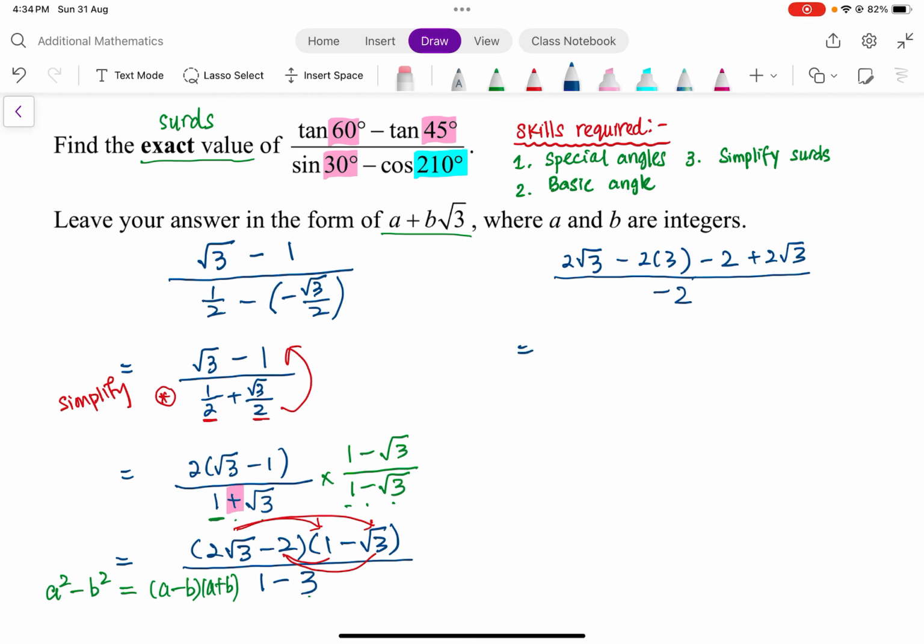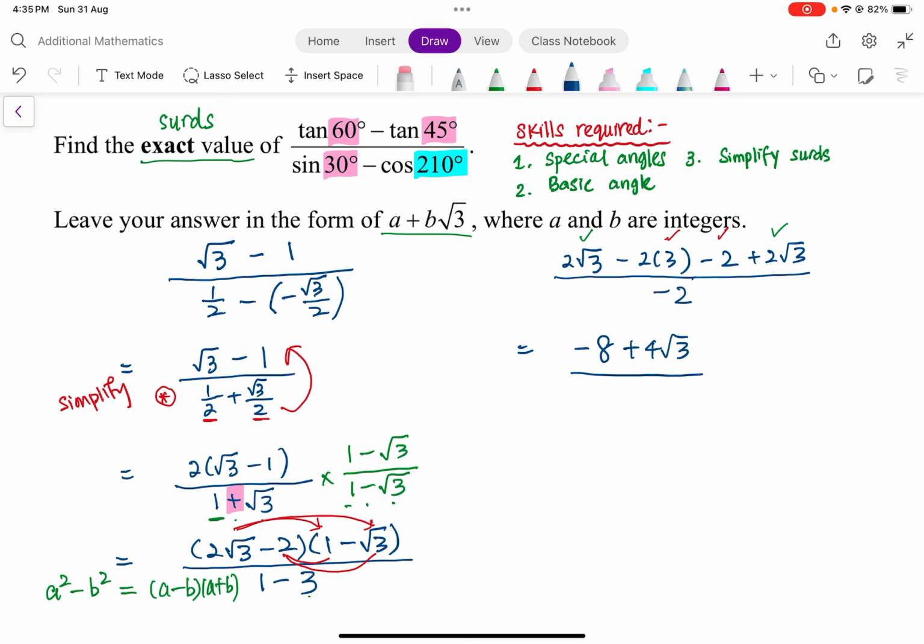Now with this, let's continue. I will simplify. Minus 2 times 3 will give me minus 6. So minus 6 minus 2 gives me minus 8. And then I have 2 root 3 plus 2 root 3, which gives me plus 4 root 3.